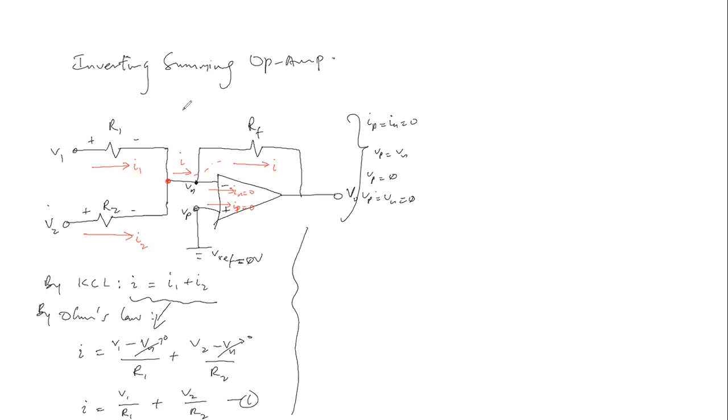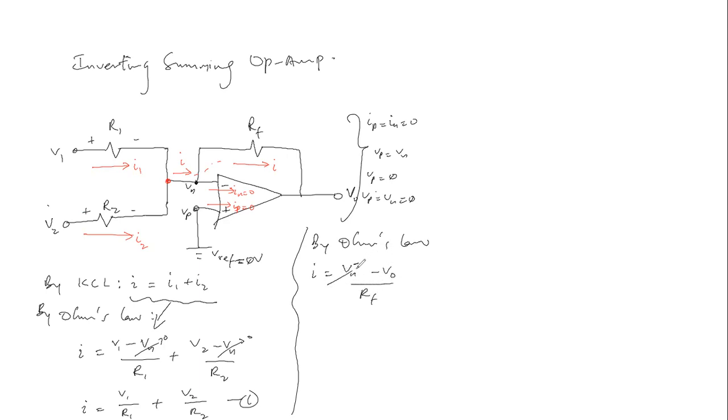Now, by Ohm's law, at the output side of this configuration, the current at the output, which is the same as I, will be V sub n minus V naught divided by R sub f.